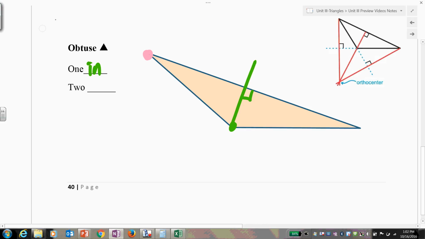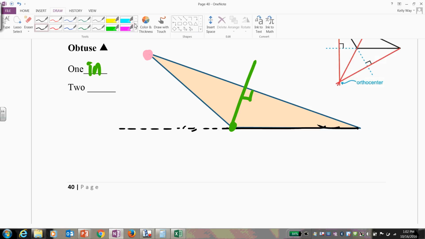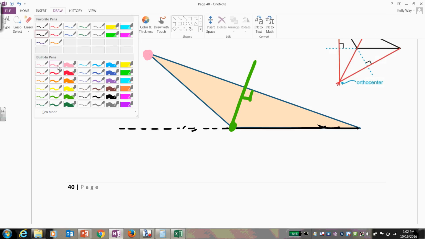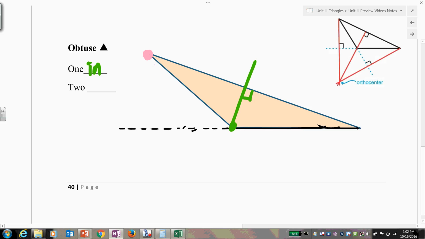So what we have to do is extend a side, and corner, right angle, you have to make a right angle with the extended side. So one of your altitudes is outside.